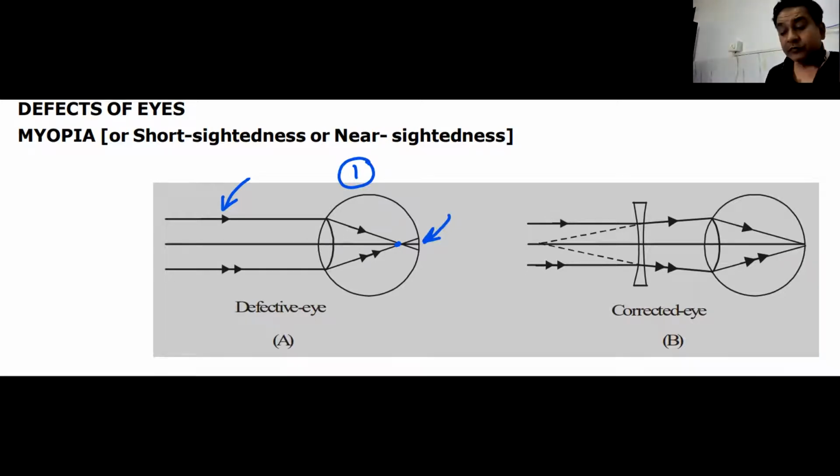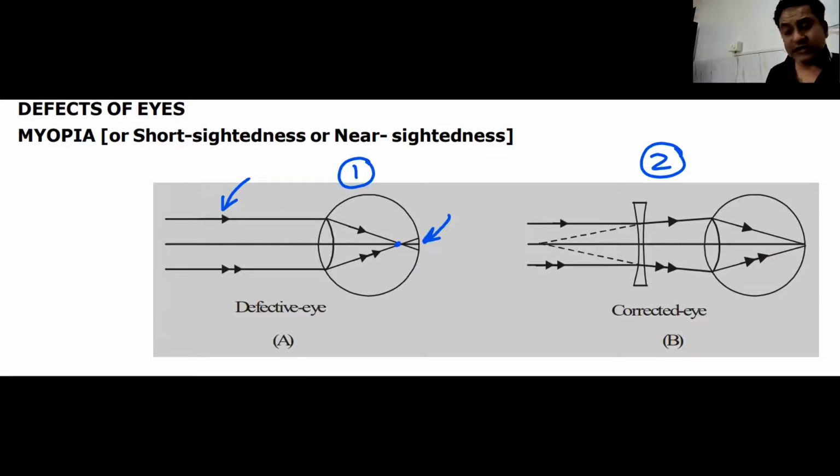Now, the second diagram shows us how we are going to correct it. Now, they are converging at a point before the retina. We want them to go to a point farther backwards so that they get focused at the retina itself.